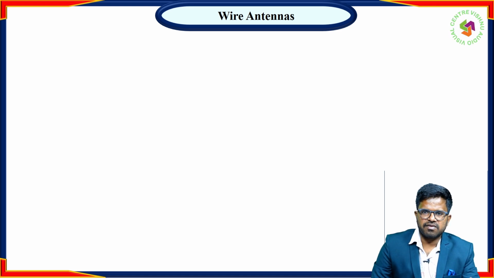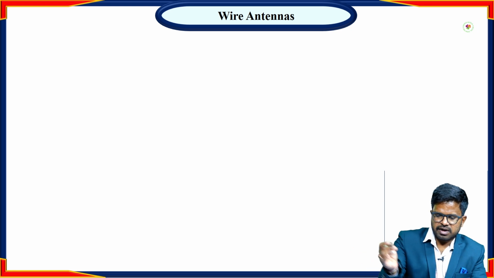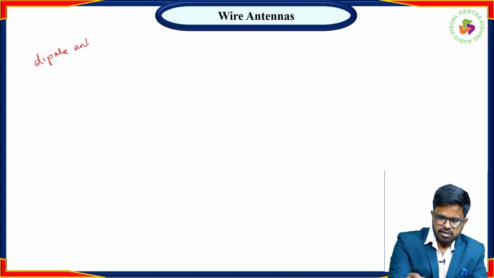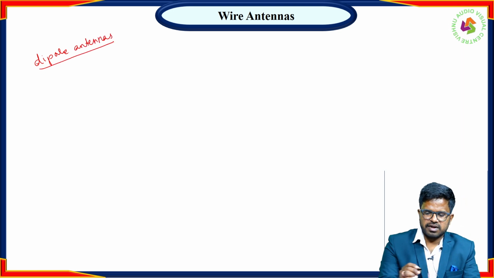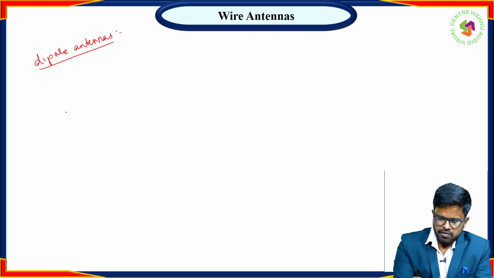The basic antenna we can design with a simple wire. We have two wire lines in our home, and with the two wire lines we can also design an antenna. The simple antenna is the dipole antenna. If you see, a dipole antenna is nothing but a two-wire line, flared apart from each other.